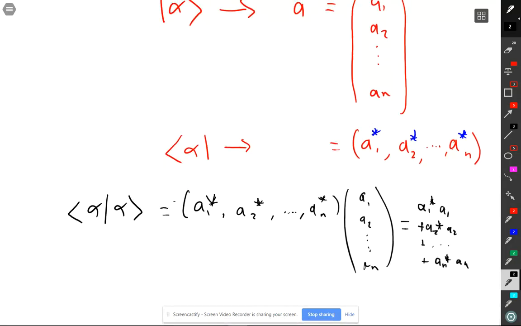Or using something that is now moving away from drawing out the vectors, equals the sum over n of An star An. And actually, I did not do that right. I should have used i equals 1 to n, like that. So that's just the math of how this plays out.